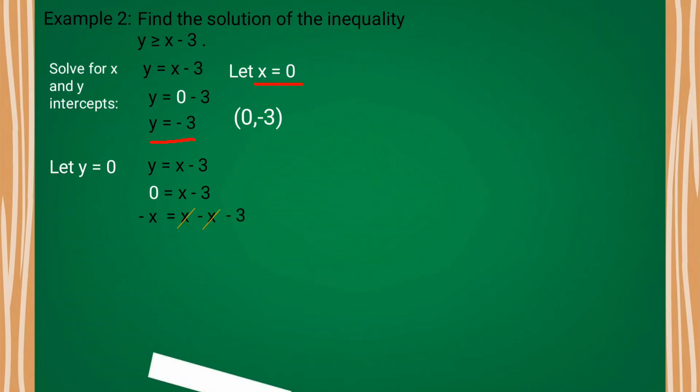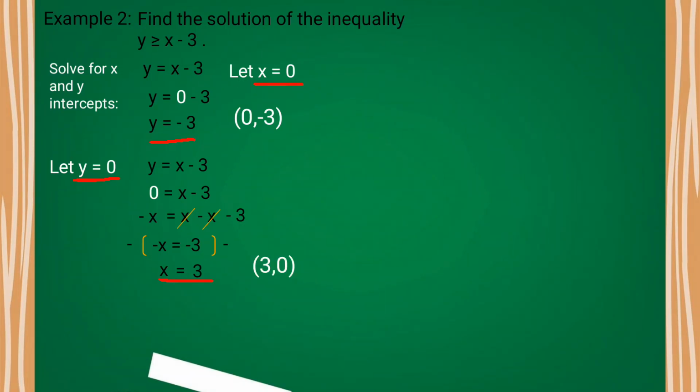And then, copy negative 3. So, yung natira na lang po is negative x is equal to negative 3. As we can see, negative si x, bawal po yun. So, therefore, let us multiply both sides by negative. So, negative times negative x, we have positive x equals negative 3 times negative, we have here positive 3. So, this time, we have here x is equal to 3 and then y is equal to 0.